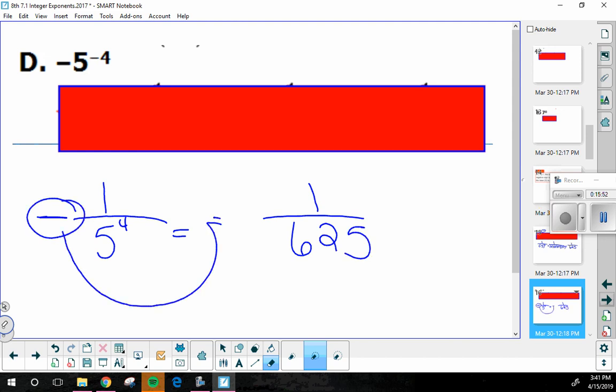I got a negative sign right here. So my answer is going to be negative 1 over 625. That's the difference between having a negative sign inside parentheses, leaving it in your purse and carrying it with you when you go, versus a negative sign just hanging around outside and then you use it when you're done.